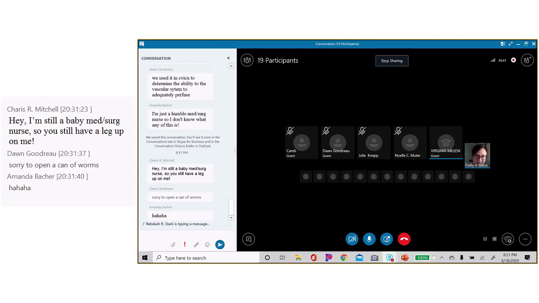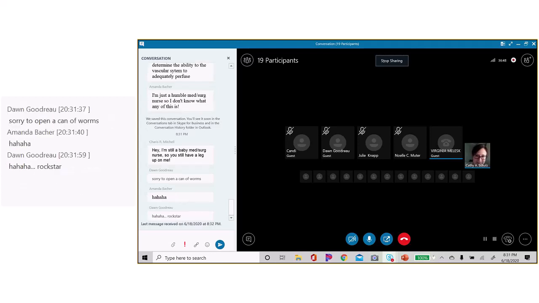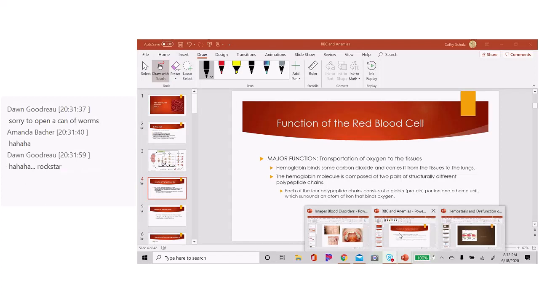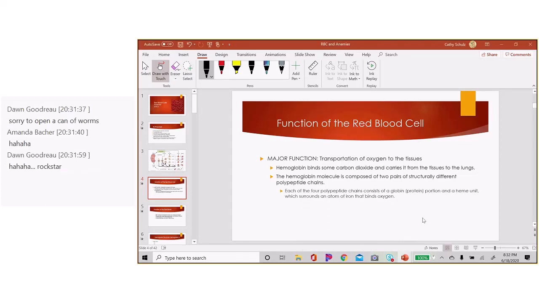I used to work in critical care as a nurse, but that technology is so rapid that a lot of the management stuff I keep learning about because it's definitely changed since I was doing it. So anywho, the red blood cell's main function is carrying oxygen to the tissues, because the tissues need oxygen in order to carry out aerobic metabolism.